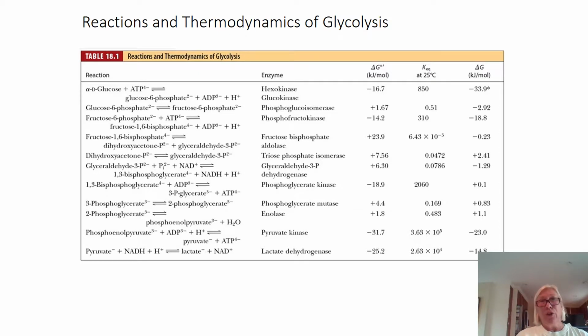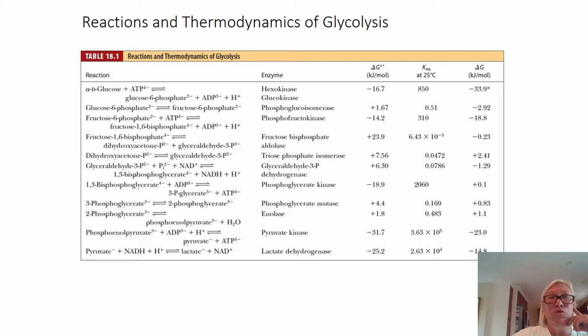So what we're looking at now are the thermodynamics of glycolysis. And if you recall, negative delta G's are very favorable and spontaneous reactions. So here in this table we have the standard free energy. Okay. So this would be free energy under standard conditions.